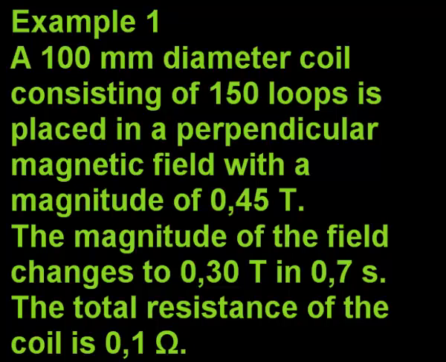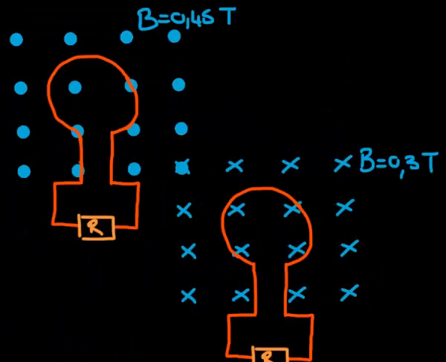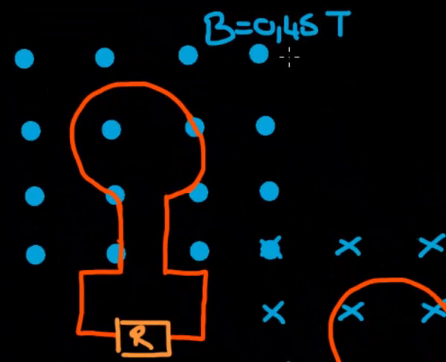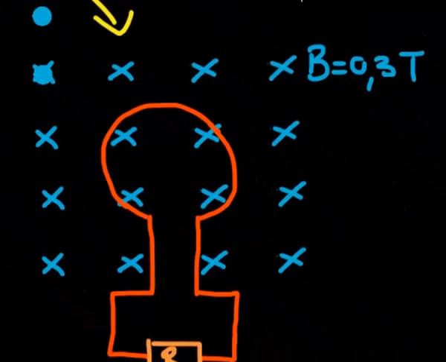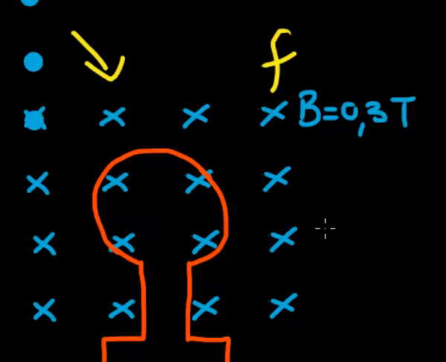And they tell us that the total resistance of the coil was 0.1 ohms. So we will be moving this coil from a magnetic field of 0.45 Tesla, that is my initial situation, to a magnetic field that is 0.3 Tesla, and that's then the final situation, and that's done in 0.7 seconds.